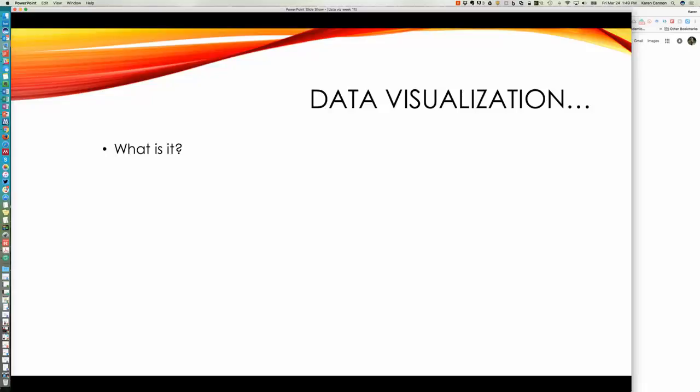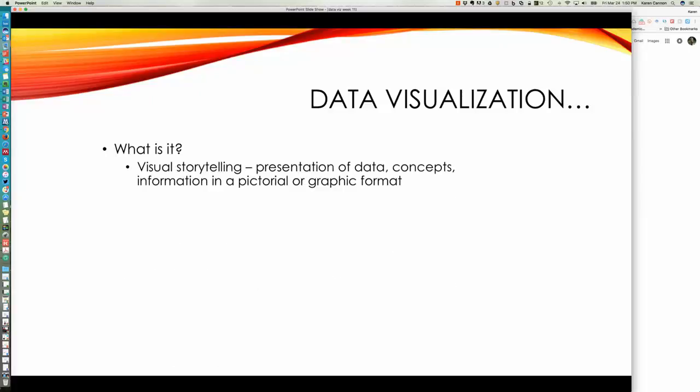And really, data visualization, if you want to think about it, is information visualization. If you're at all like me and the concept of data, or big data, kind of freaks you out, you might also hold synonymous the idea of data and information together. But essentially, data visualization is visual storytelling with numbers. So data or concepts that are in a pictorial or graphic format.